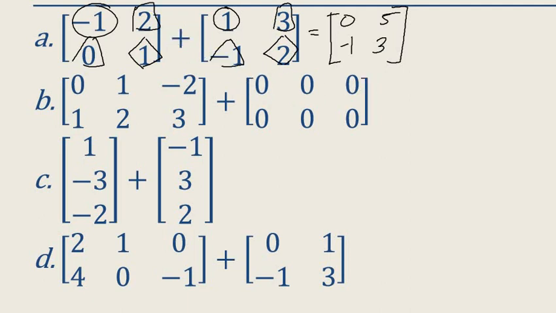So therefore, the sum of these two matrices would be 0, 1, negative 2, 1, 2, and 3. So there we go.